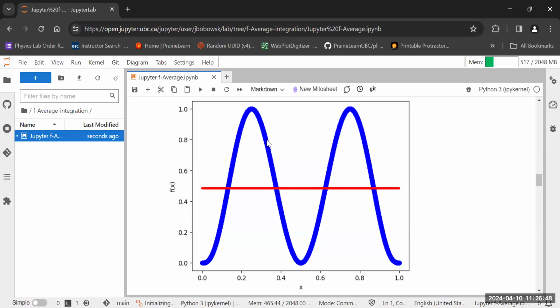The red line doesn't include this piece, but it has this extra piece here and here. And if you add up these two, it exactly compensates for this missing area. And so that's how this F average method works.